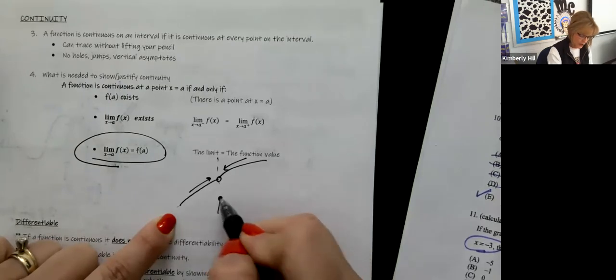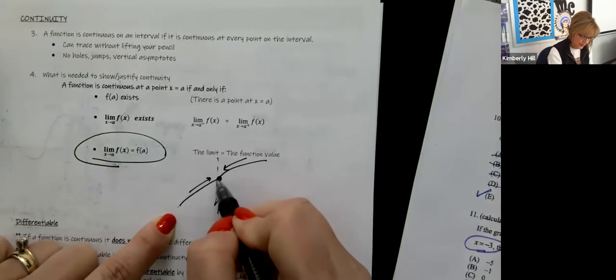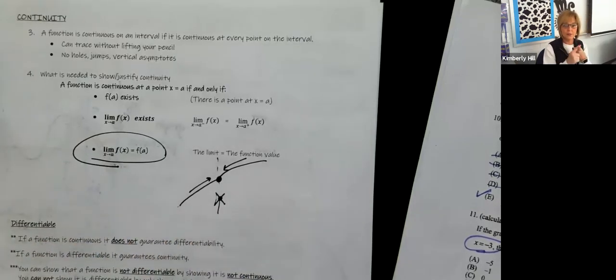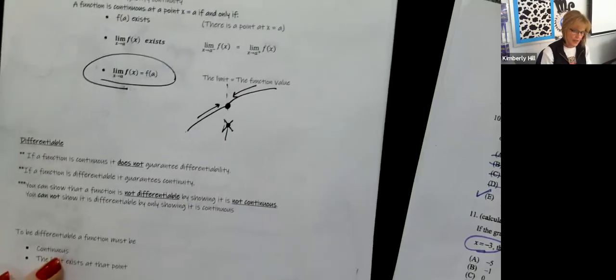So I want to make sure if there is a point that it is actually the same as the limit. So you have to show that the limit exists, the value exists, and that they're equal. So basically the same things that we've been talking about. And we're going to do a couple of multiple choice here in just a second that goes along with that.